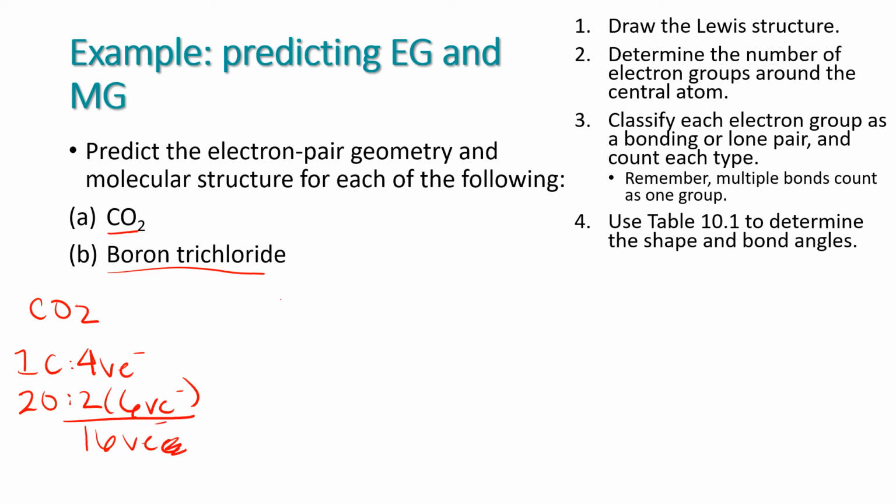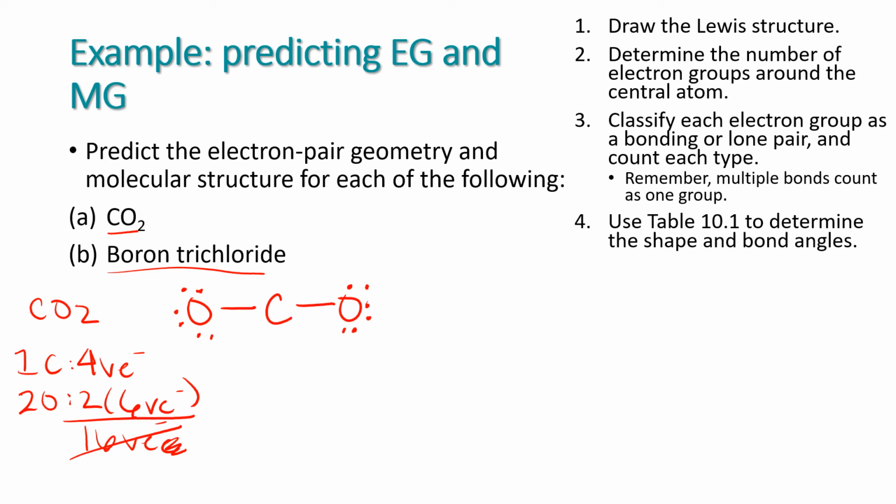So carbon is going to be my less electronegative atom, which means it's our central. Also, it's just a single atom compared to 2 oxygens. We're going to start off with our single bonds, and then we start adding electrons to our outer atoms. To complete the octet, so far we have used 8 and 8, that's 16. So we used up all of our valence electrons.